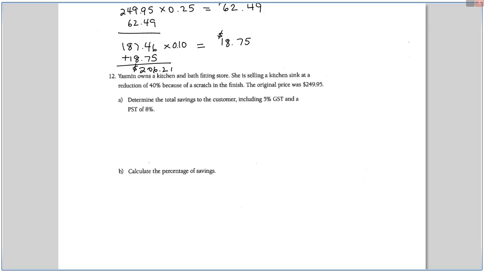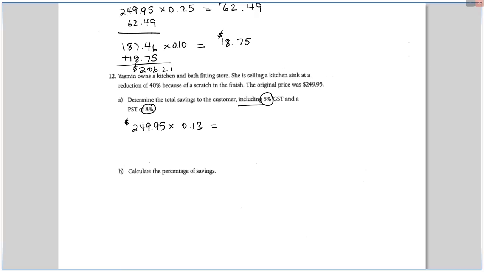Alright, so this question wants us to determine total savings, including the GST. So I'm going to do the question twice, basically, once with the discount and once without. So if you just were to buy it at the regular price, you would have a 5% and an 8%, so that's 13%, so 0.13.